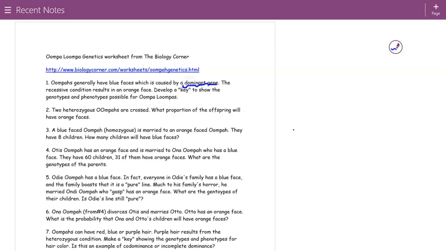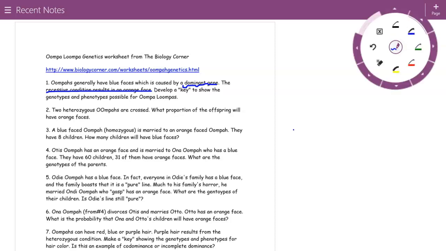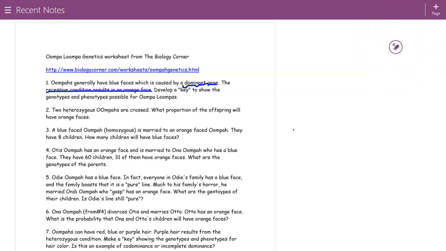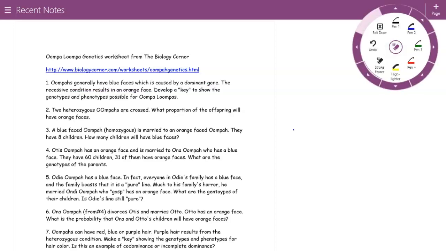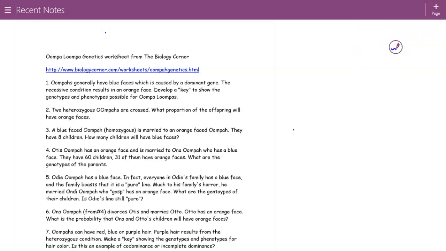a dominant gene. The recessive condition results in an orange face. Sorry, I blurred that out. Okay, so the recessive condition results in an orange face. First thing we do when we are doing genetics problems is we write down our key, our allelic key, to show the genotypes and phenotypes possible for Oompa Loompas.